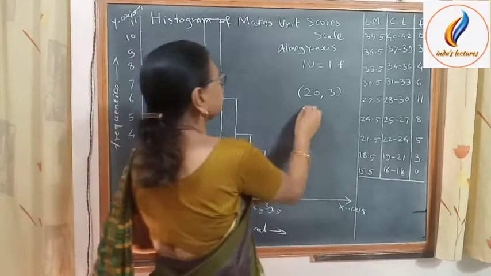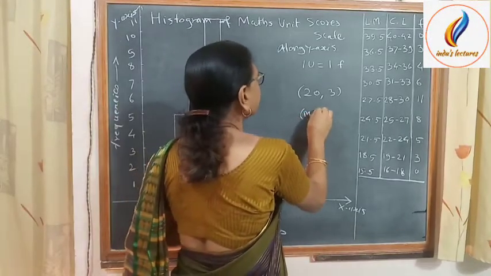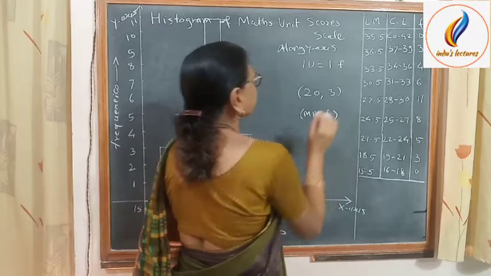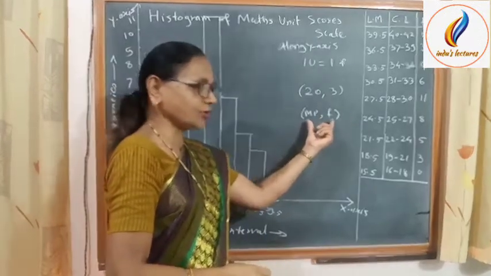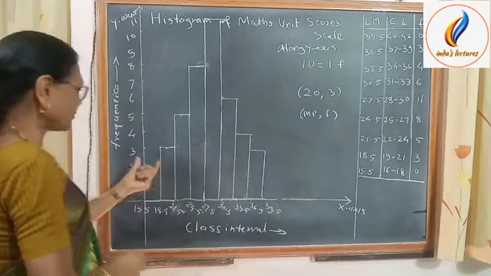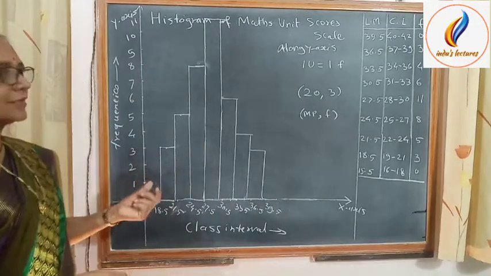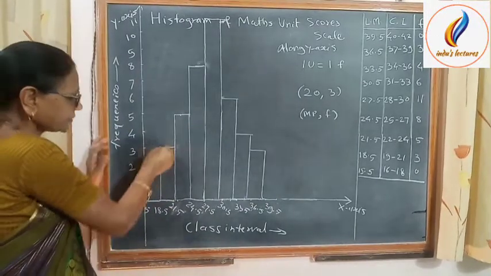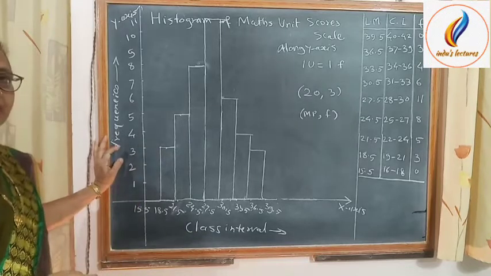That means we can say here midpoint comma frequency, like this. If we take these points, midpoint comma frequencies, plot the respective points, and then join the points with straight lines, we get a frequency polygon.